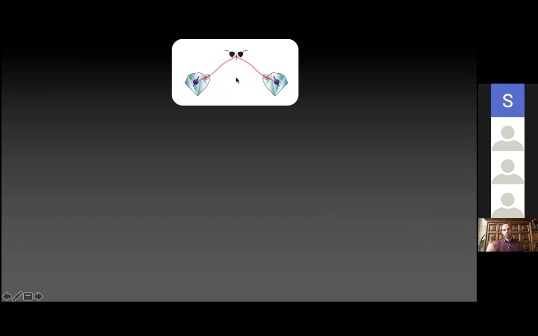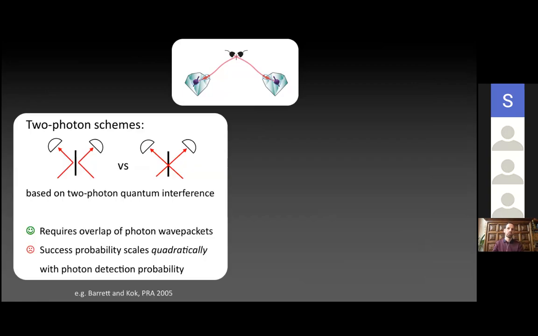Actually, to get the entanglement rate up from this very low rate, we looked at the different schemes that were available to us. So what I explained so far were two photon schemes, and two photon schemes basically rely on the fact that the case where you detect two photons, and both were reflected at the beam splitter, cannot be distinguished from the case where two photons were transmitted.